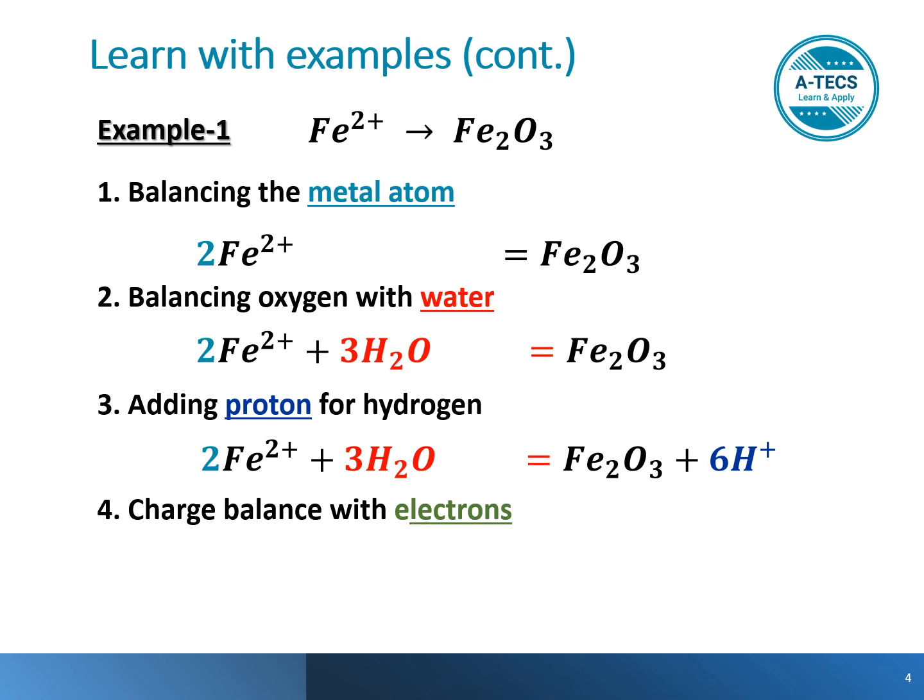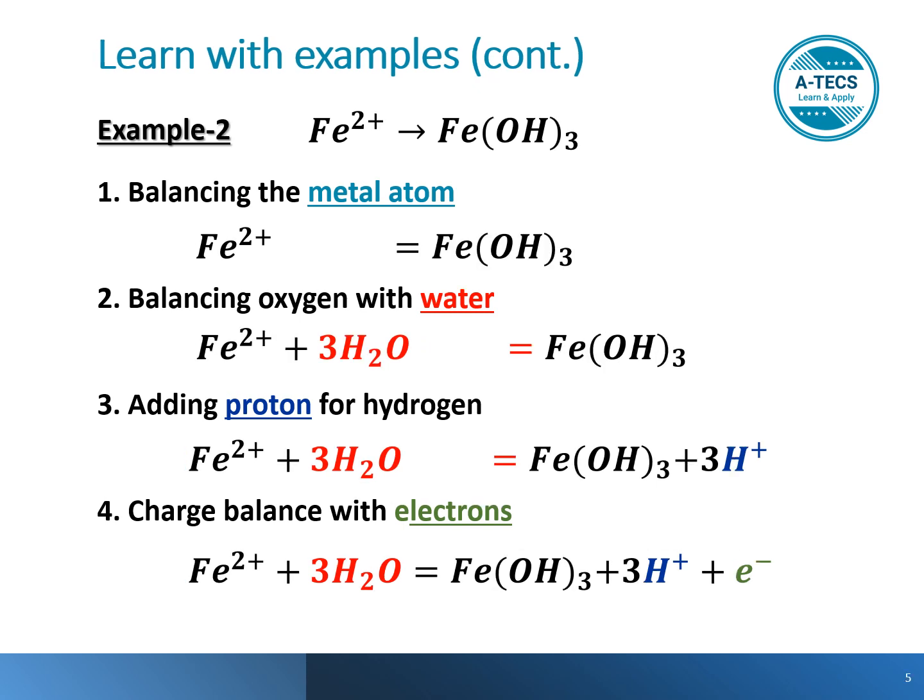As you can see, we have plus 6 charge on the left side of the equation and plus 6 charge on the right side. So we have to add 2 electrons on the right side to balance charge on both sides. As you can see, by following these 4 steps, you can easily balance an electrochemical reaction, as highlighted at the bottom.